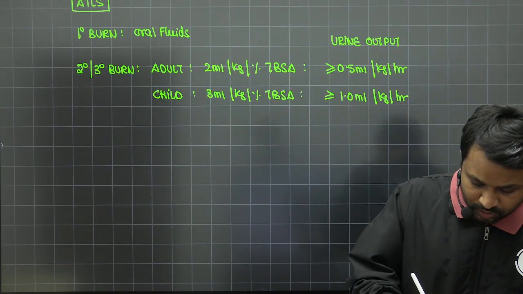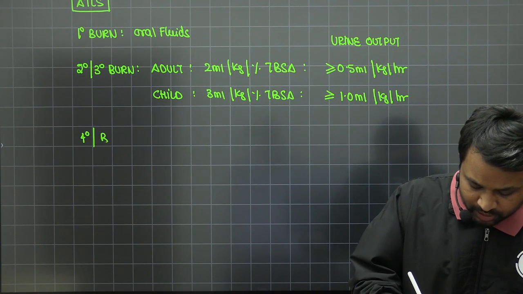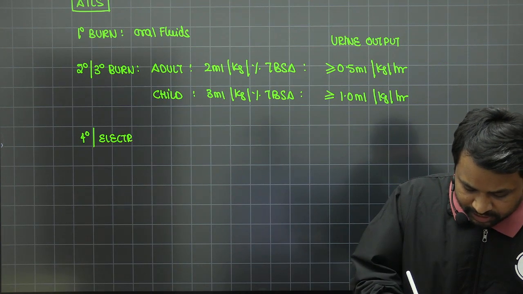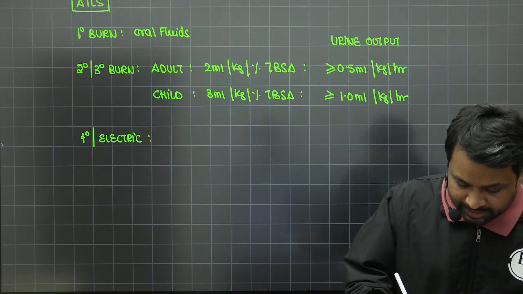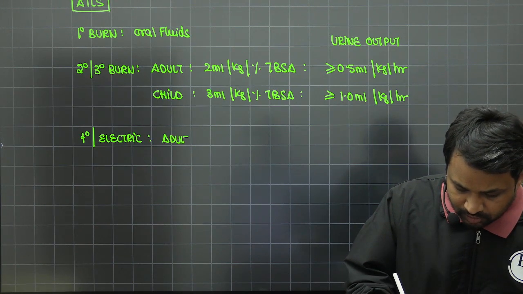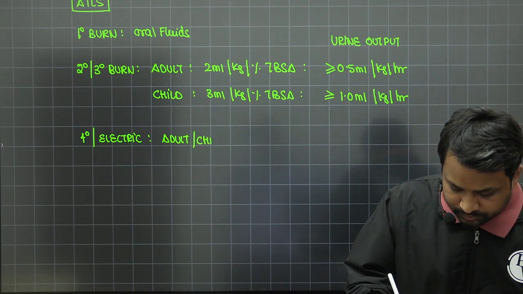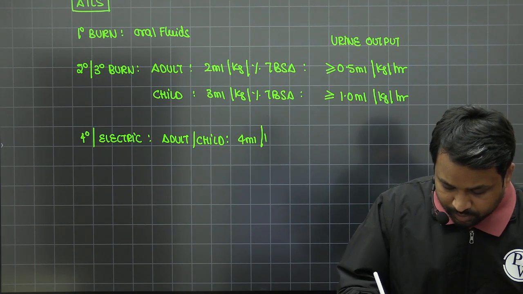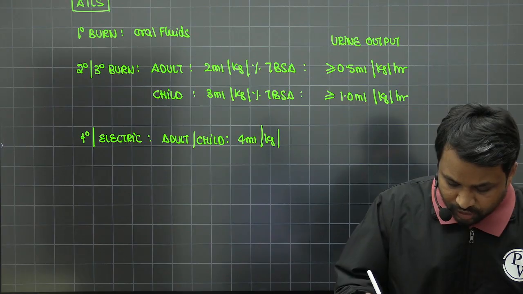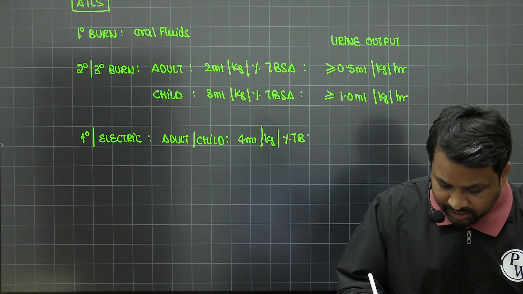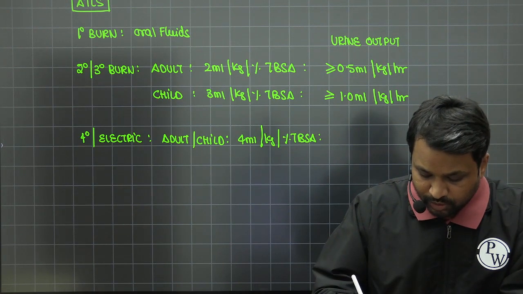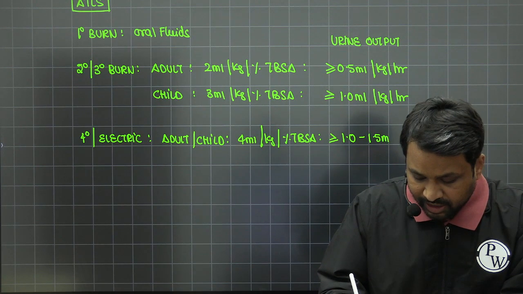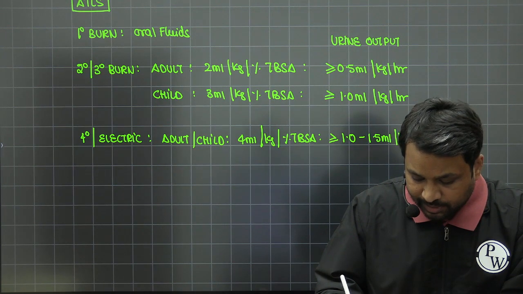The last one that you have is a fourth degree or an electric burn, let it be an adult or a child. Here it is going to be 4 ml per kg per percentage of total body surface area burnt. So here the urine output that is targeted is more than or equal to 1 to 1.5 ml per kg per hour.